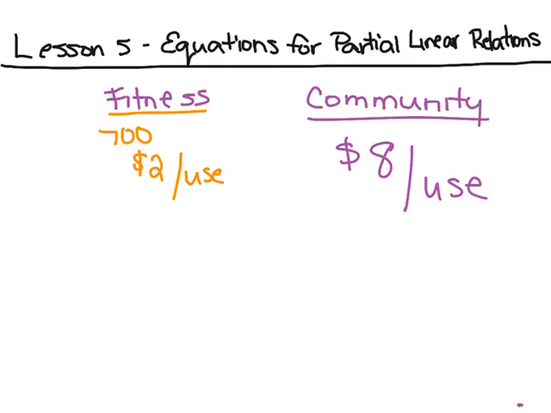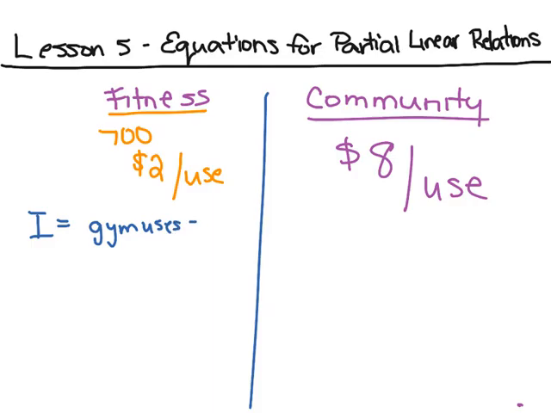So we want to make 2 equations. So first of all, let's do the fitness center. So we know our independent variable is going to be, it depends on how many times you go to the gym. So let's call it gym uses. And this is always equal to our x value, but for our word problem, let's call it g. Our dependent is going to be how much you're going to pay, the cost. It's equal to our y value, so let's call it c for our word problem.